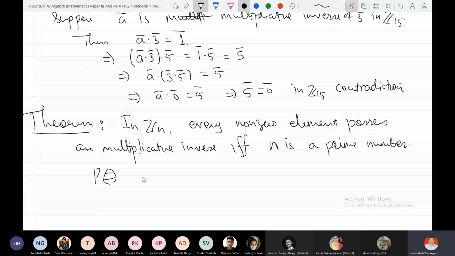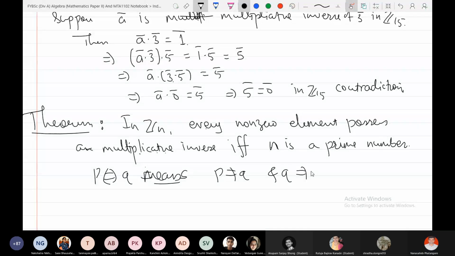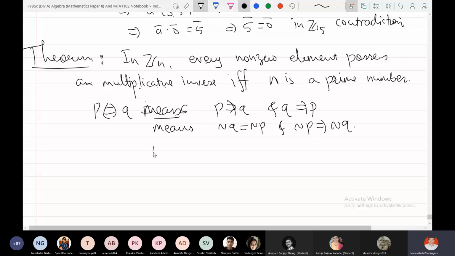Means P implies Q and Q implies P, means not Q implies not P and not P implies not Q. Right? Means negation of P if and only if negation of Q.